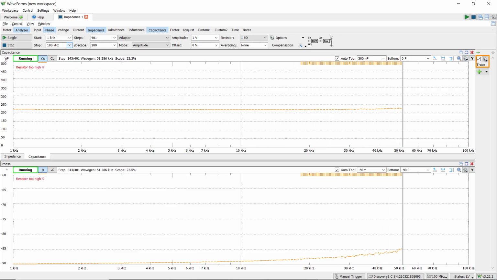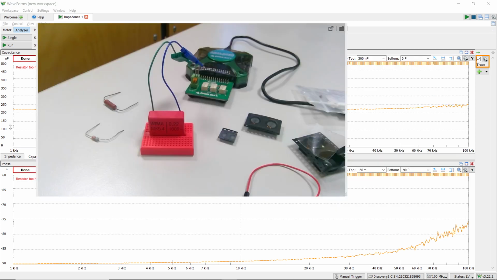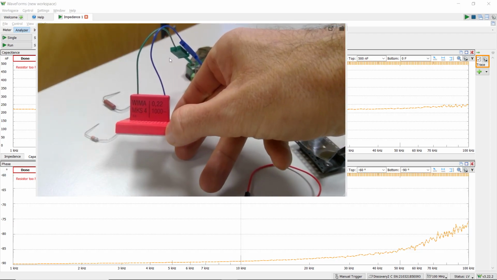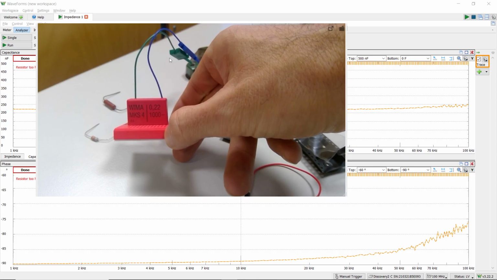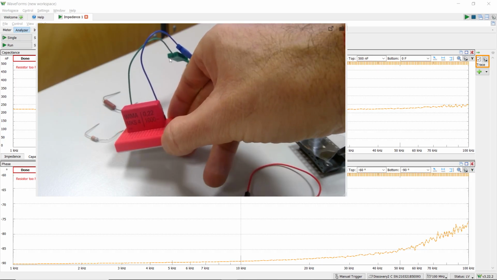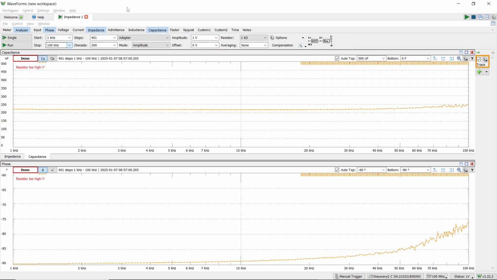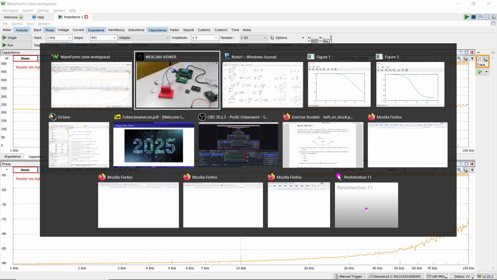So this is nanofarad, and it says something like 220 nanofarad, and this also fits to the 0.22, and the micro is missing there, but capacitors are usually given in microfarads. So yeah, this also nicely fits to what we measure here with this impedance analyzer.